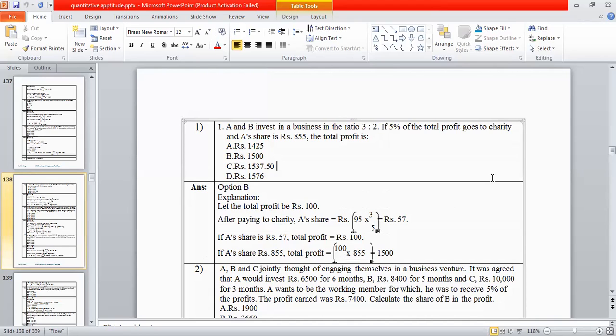If 5% of the total profit goes to charity and A's share is rupees 855, then what will be the total profit? Here the options given are 1,425, 1,500, 1,537.50, and option D is 1,576.